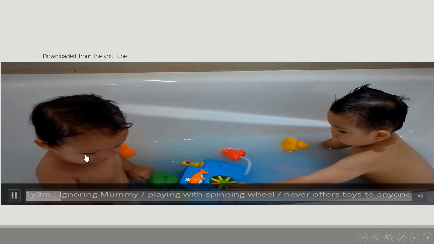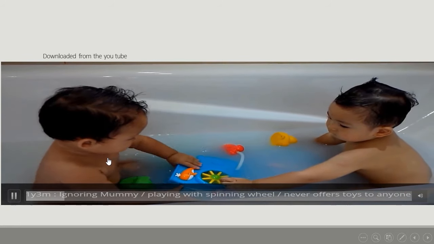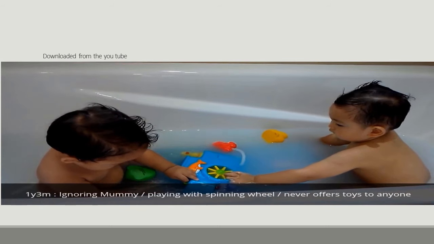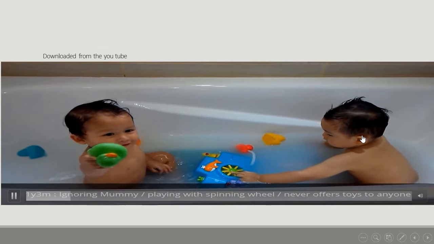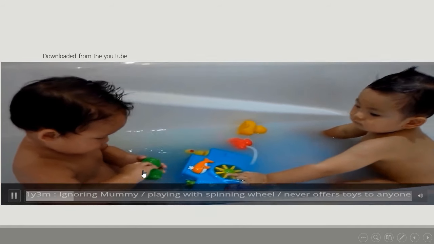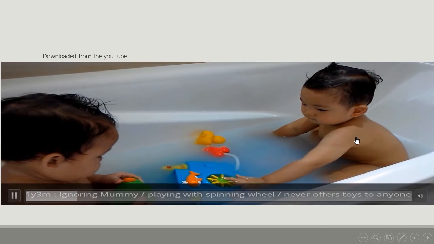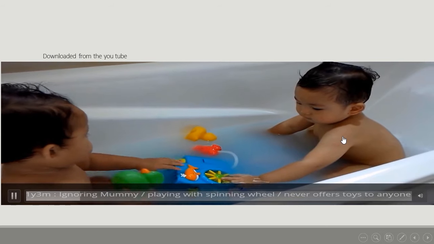A normal child has eye contact with the mother, while the autistic one does not. The normal child points with his toys to the mother, contrary to the autistic child.